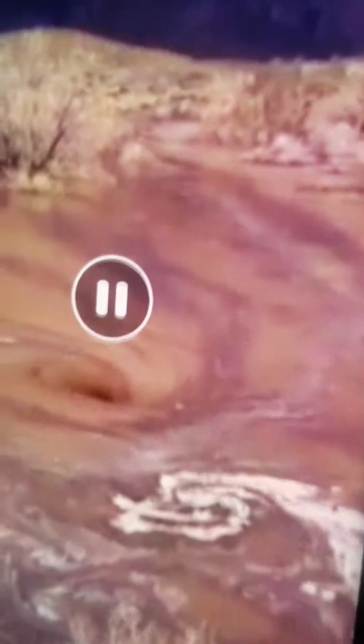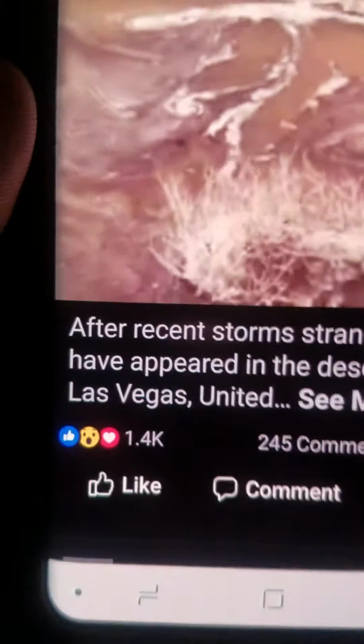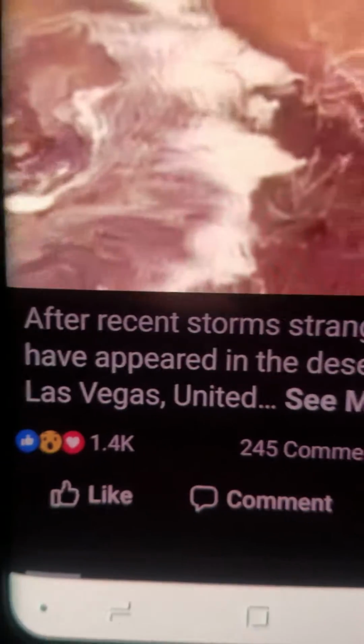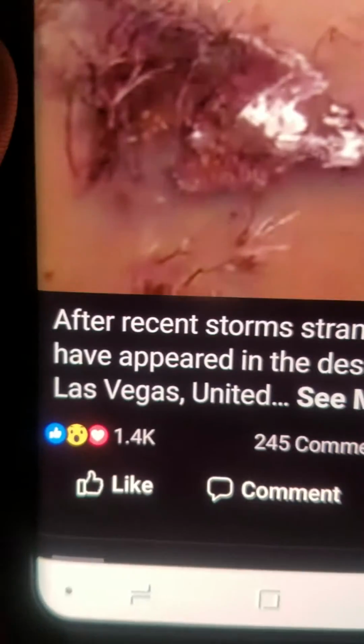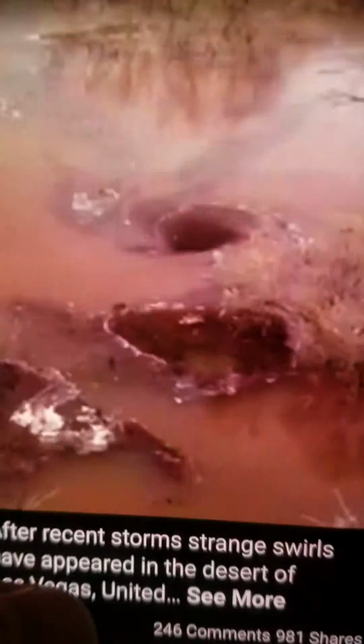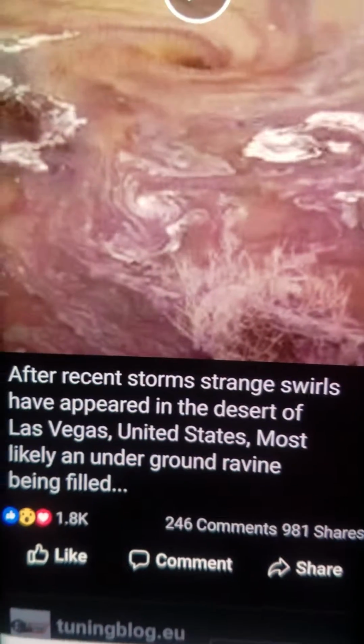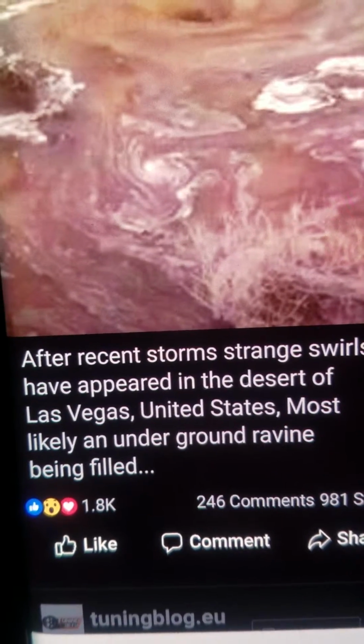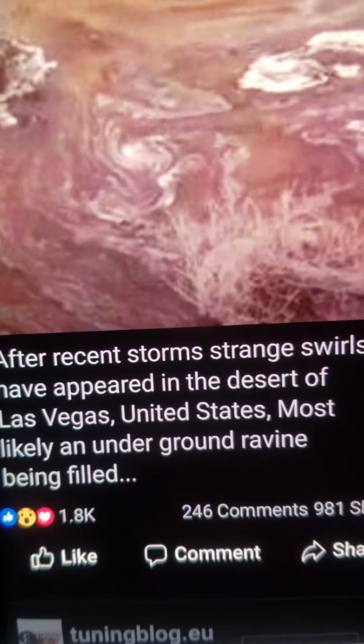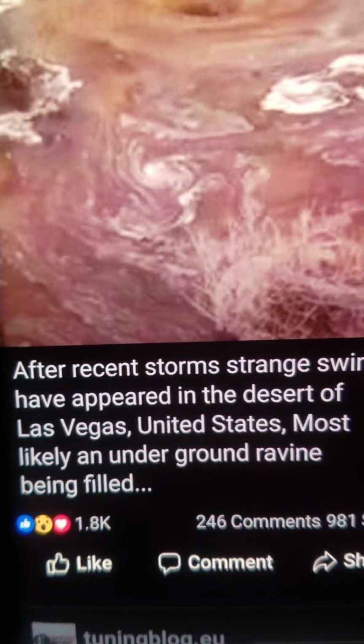According to the Coriolis effect, those whirlpools north of the equator, this was all happening in Los Angeles. Let me read the description. It says, after recent storms, strange swirls have appeared in the desert of Las Vegas, United States. Most likely an underground ravine which is being filled.